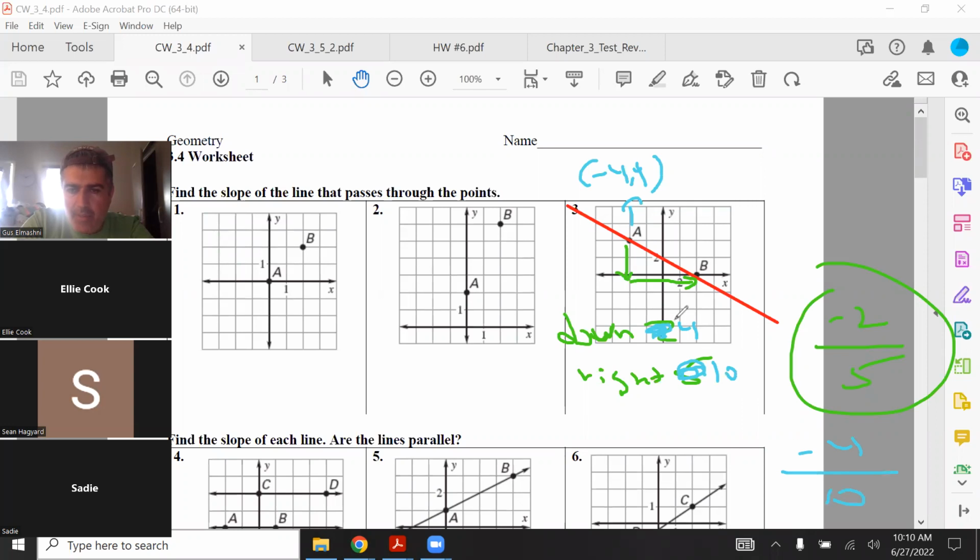I didn't see the scale before I did my work, because every box is worth 2 units. But again, that's all proportional, doesn't really matter. But yeah, down 4, right 10. But -4, 4 is that one.